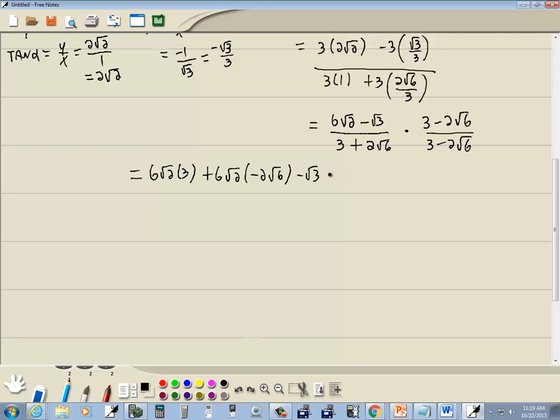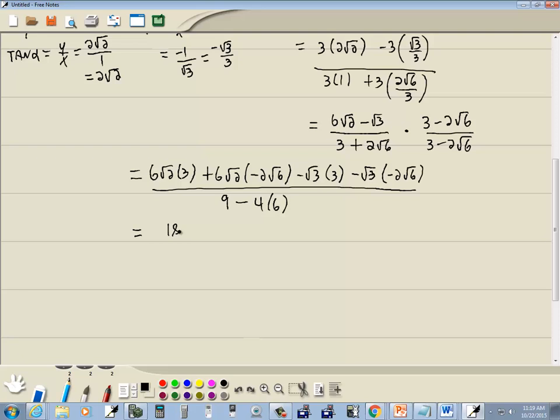We'll take negative square root of 3 times 3, and we'll take negative square root of 3 times negative 2 square root of 6. All over 3 times 3 is 9, minus 2 times 2 is 4, and square root of 6 times square root of 6 is 6.